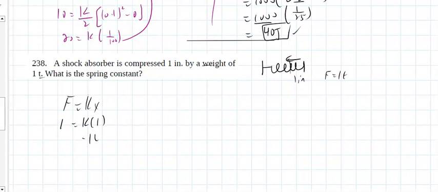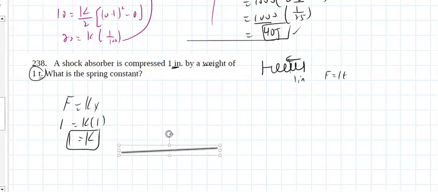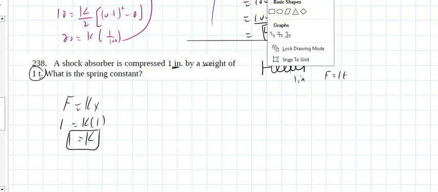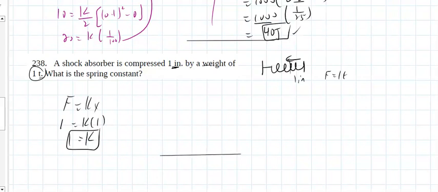So k is what? Now, you really don't have to worry about units for k as long as they are using inches and tons. So if they go to feet, then you have to convert, but other than that, that's all there is to it. And that's all for this section.